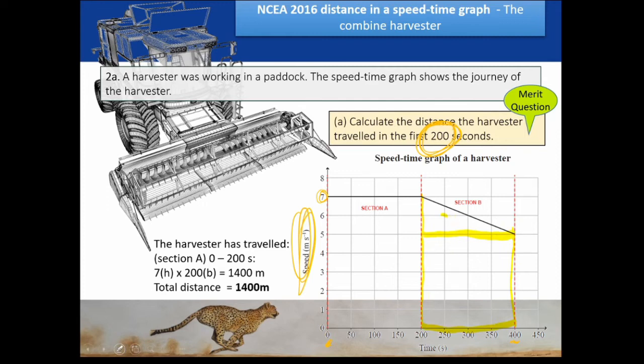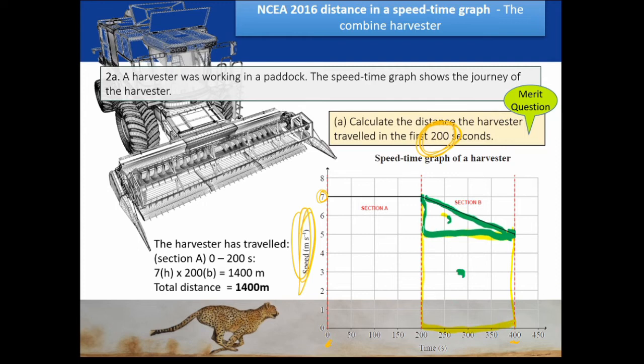Because if you look carefully now, over here we have a triangle, and down here we have the rectangle. So if I can calculate that area there and I add it to this area here, I can tell you exactly how far the harvester went in this.